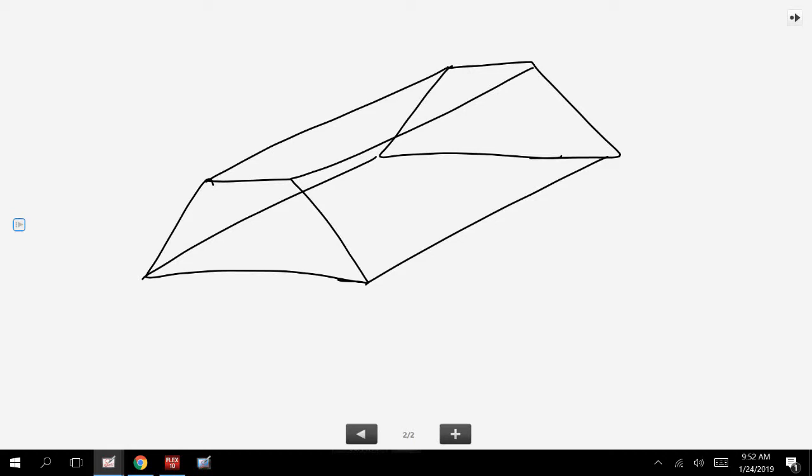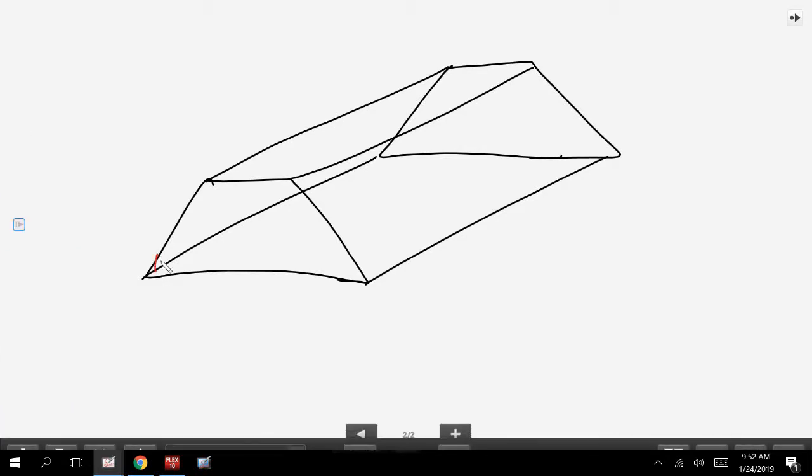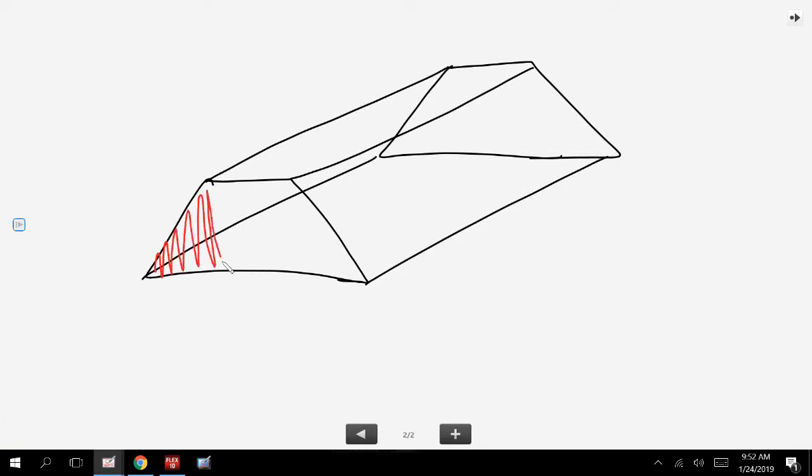Raise your hand if you can tell me, how would I find the volume of that crazy shape right there? Juliana? B1 plus B2 times height divided by 2 times the height of the whole thing. So she's saying she's going to find the area here. She's going to do her B1 plus B2 times the height divided by 2 and find that shape, because that's the trapezoid.